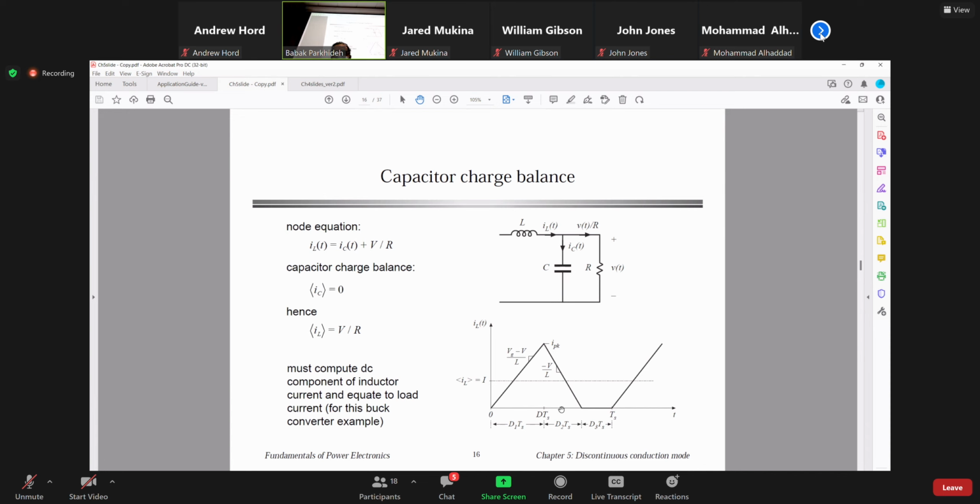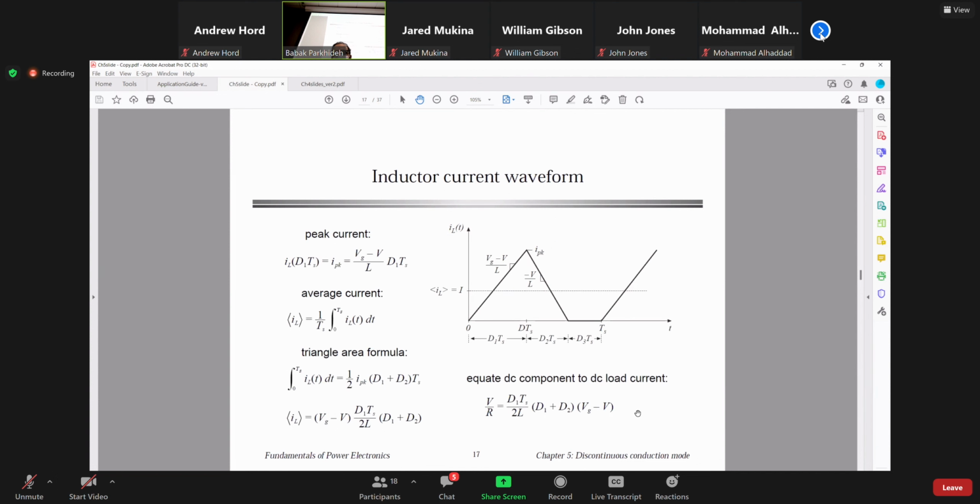And this is your inductor current. The inductor current is going up, going down, now hits 0, and for the third subinterval it doesn't conduct anything. So you just calculate the average value of this waveform, and this is nothing else but the load current.